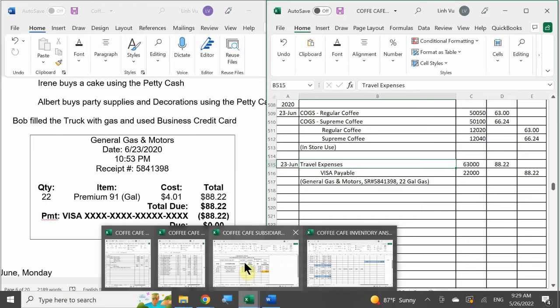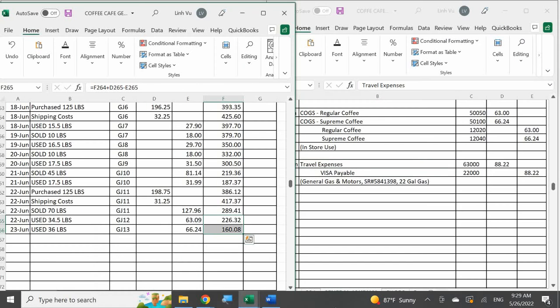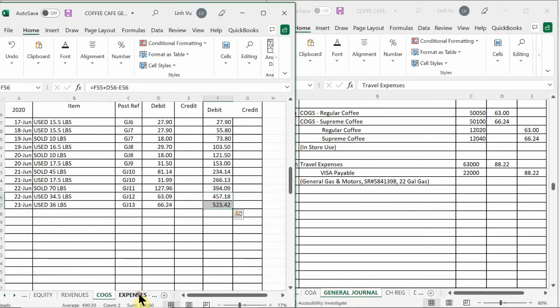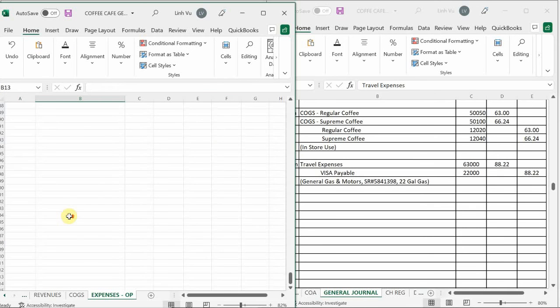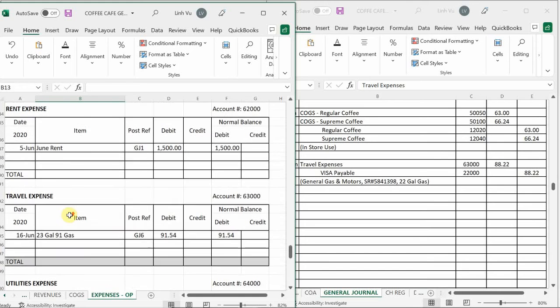So now we need to update our ledger. Because we got some travel expenses and we just racked up more money on my Visa credit card. There you go.